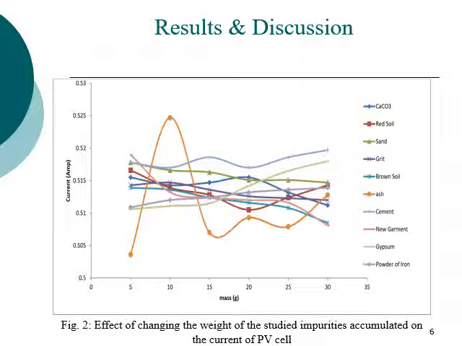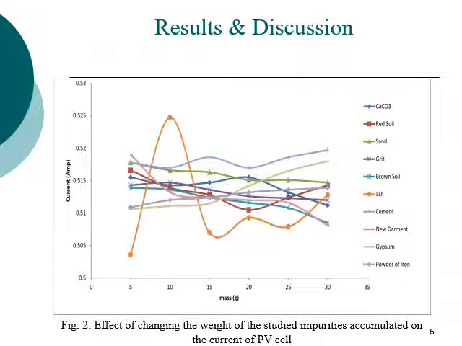These come from the application, or let me say the nature of the locations. As an example, some locations are in the agriculture sector, so we have red soil. Some applications like desert, we have sand. Some applications involve construction and we have cement. Some of them deal with the iron industry, or iron powder, and some of them could be ash because of transportation near the location, or power plants emitting pollution, and so on.